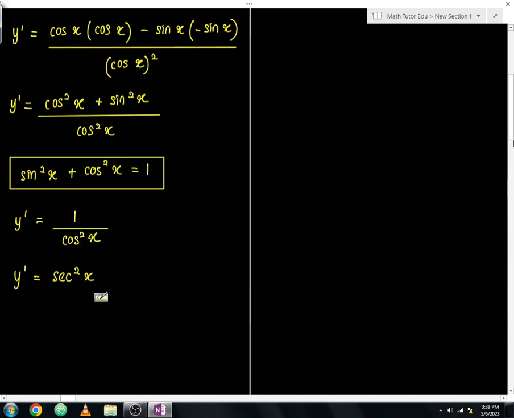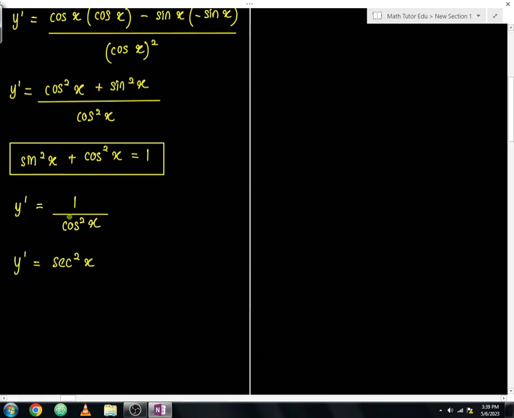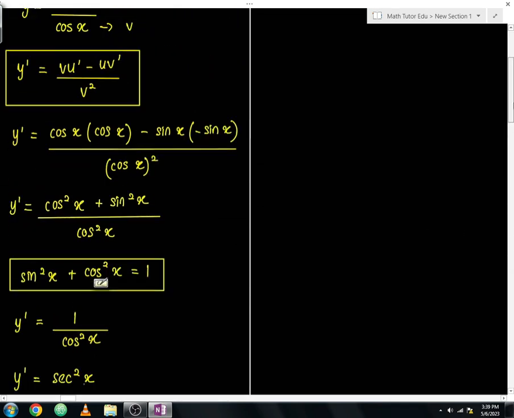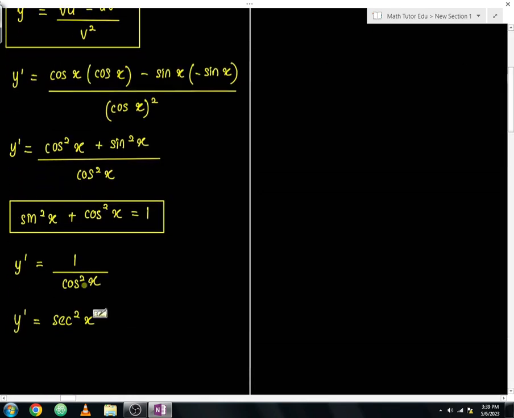Now you know the reason why when you differentiate tangent x, you immediately get secant square x. So this is the derivation, guys. We derived our equation all the way till we get this final step. Let me underline the solution.